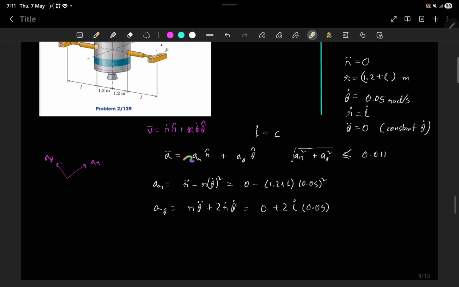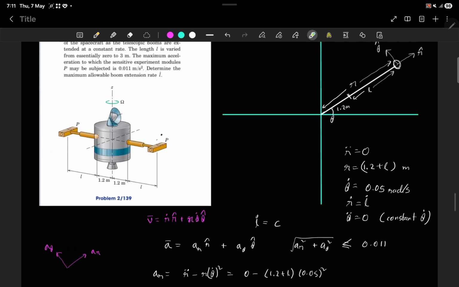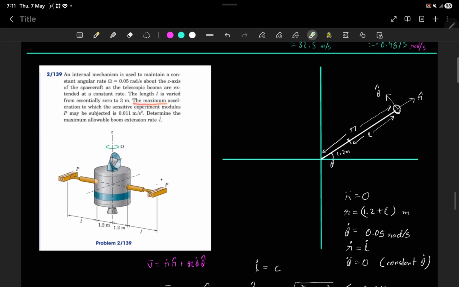So here I have been told that the maximum acceleration to which the sensitive experiment modules P may be subjected is 0.011 meter per second square. Determine the maximum allowable boom extension rate L dot. So I have to calculate this maximum value of L dot.